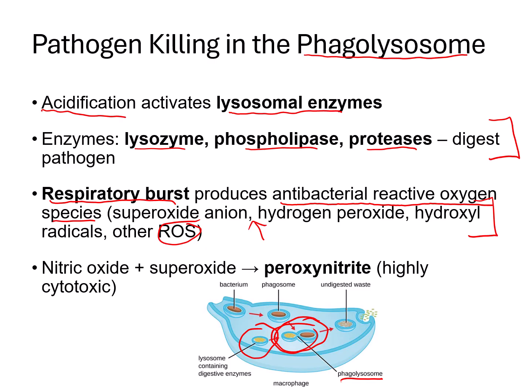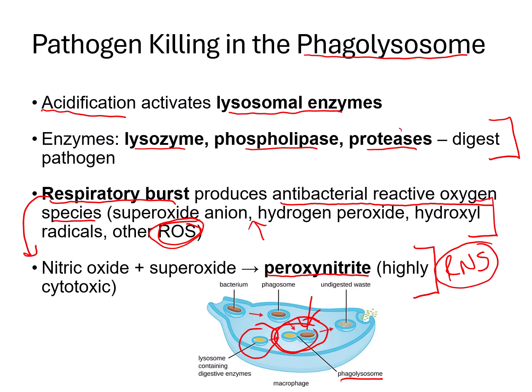That respiratory burst also includes reactive nitrogen species, including peroxynitrite, and all of these reactive oxygen species and reactive nitrogen species will combine to damage microbial membranes, proteins, as well as DNA.